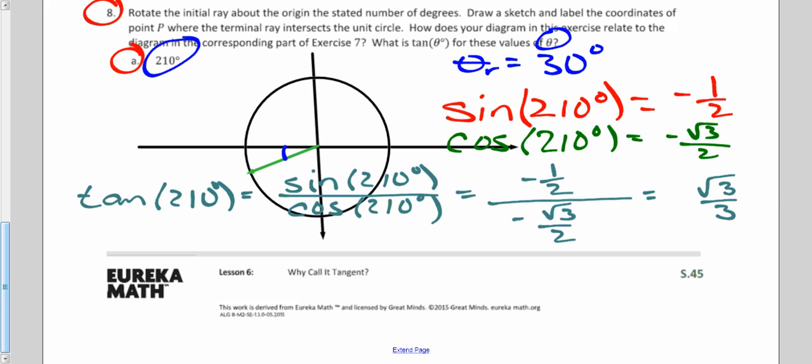Negative divided by a negative is a positive. So it's also positive. Wait a minute. So you tell me that this line has the same slope as 30 degrees? How does that even make sense?